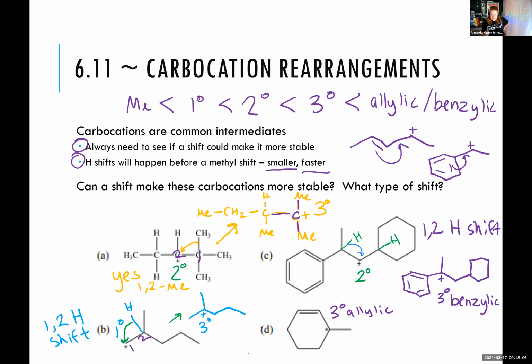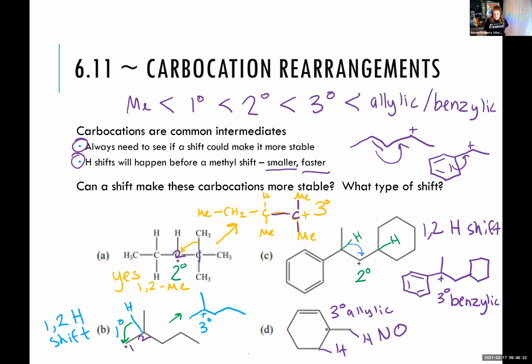Okay, is this going to go through a shift? No. I agree with you. So the options would be a hydride shift from here or a hydride shift from here. We're not going to participate in hydride shifts with sp2 or sp carbons.